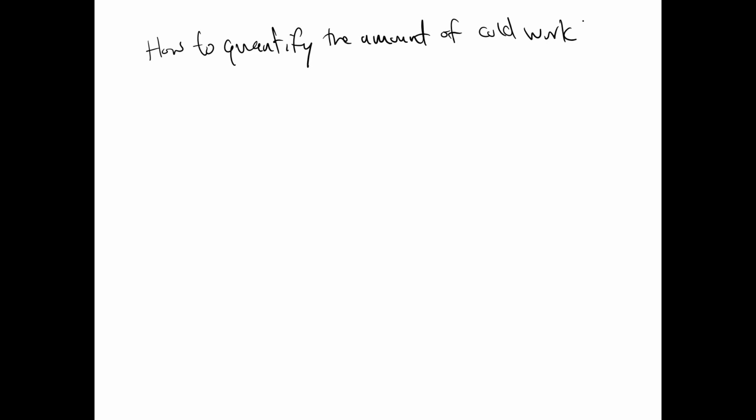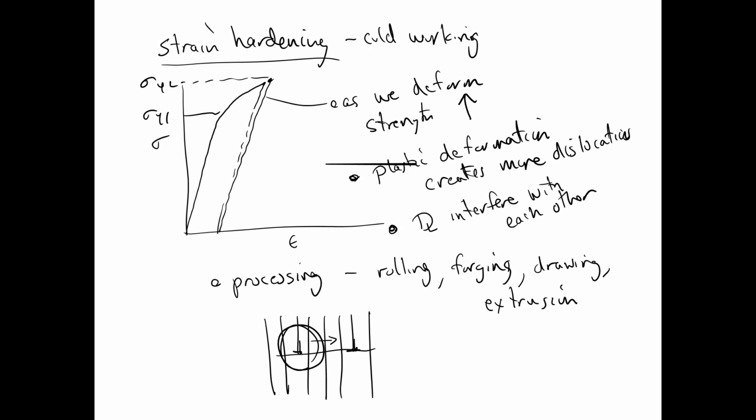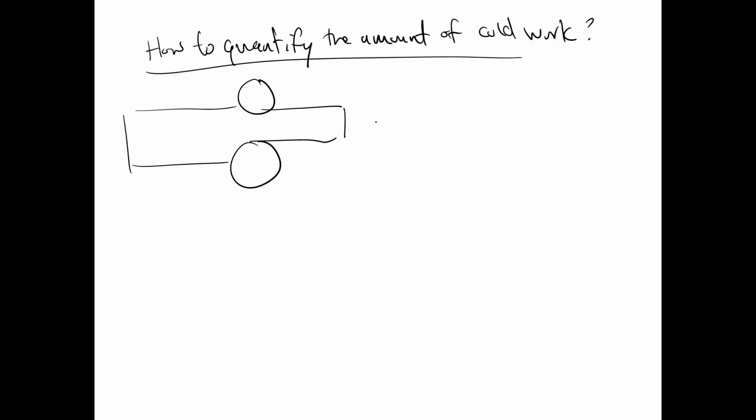Well, we can look at these different processes, but the easiest one to look at is maybe rolling. So here we have a material going through some rolls, comes out on the other end and it's much thinner. So the rolls are rolling like this. Comes out on the other side much thinner.